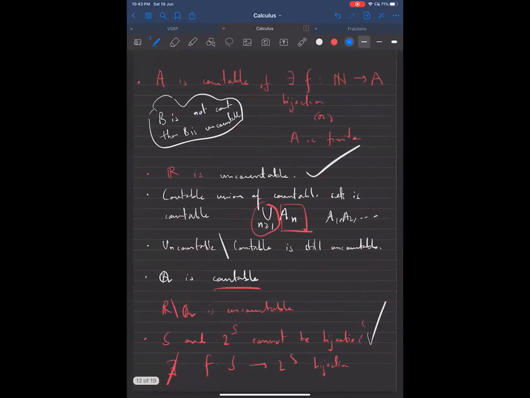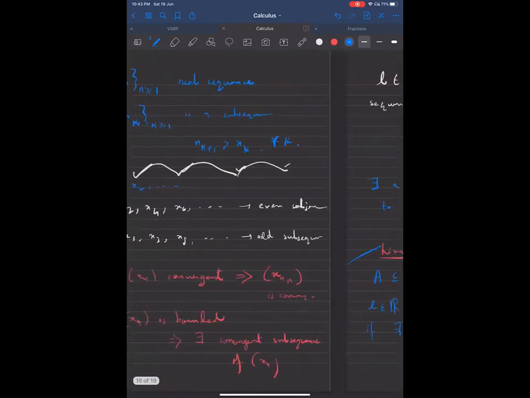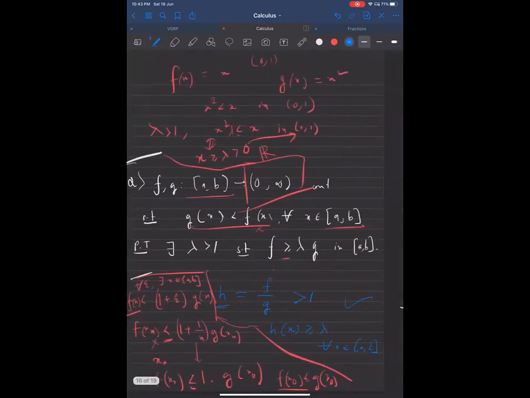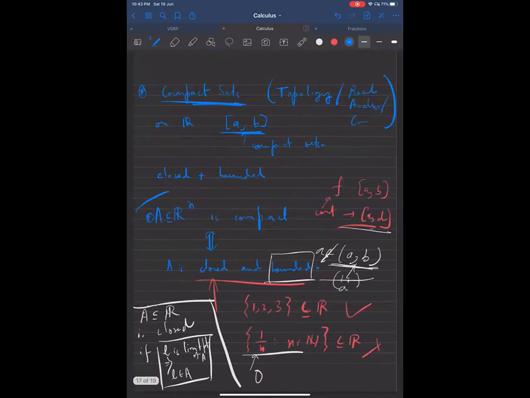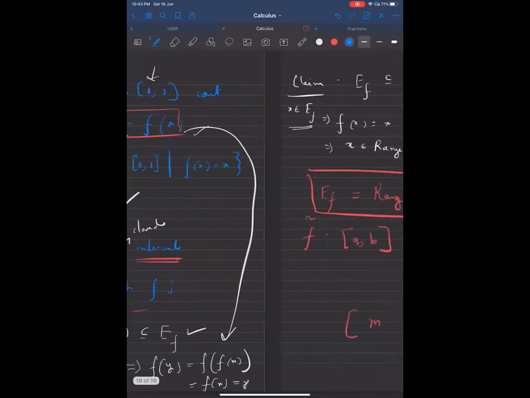And then we spent some time on countability and uncountability. Then we solved some problems and also discussed complex sets and their behavior and how they're important for theorems and problems. These are the things we did today.